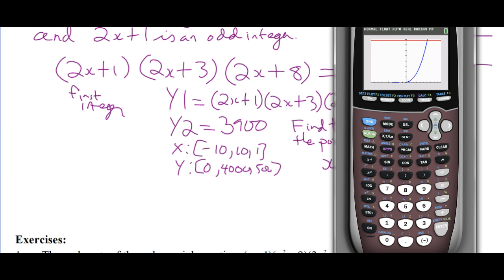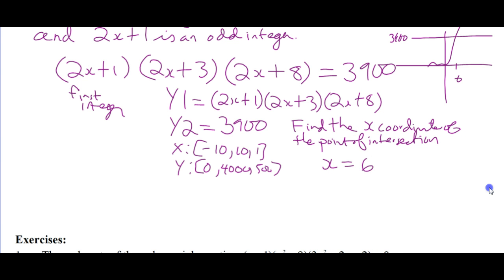So to do that, second CALC, intersect. I'm just going to go up to that curve because it's easier to move along the red line. And 1, 2, 3, 6.